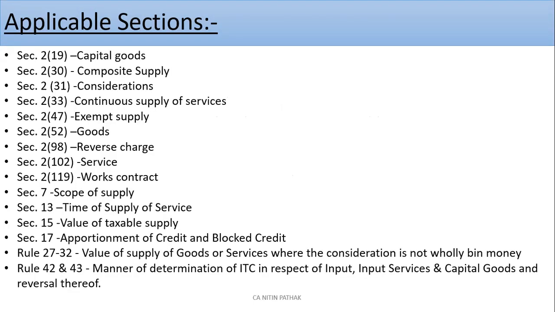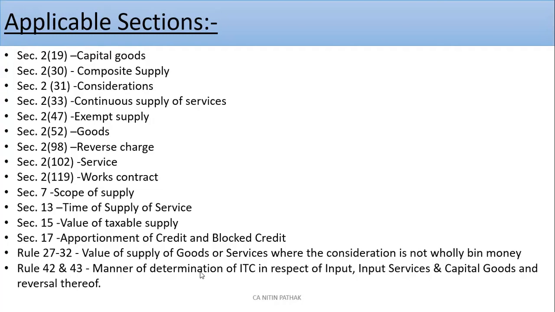The applicable sections: capital goods, composite supply, consideration, continuous supply, exempt supply, goods, reverse charge, service, works contract, scope of supply, time of supply of service, value of taxable service, apportionment of credit and blocked credit, which we have discussed through rules. Sections 27 to 32 on the value of service and goods are also explained.